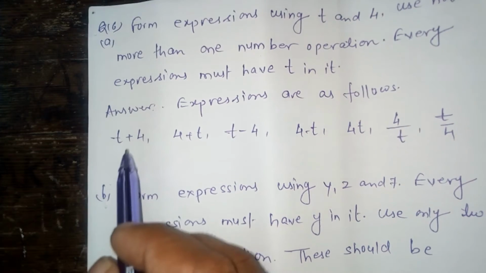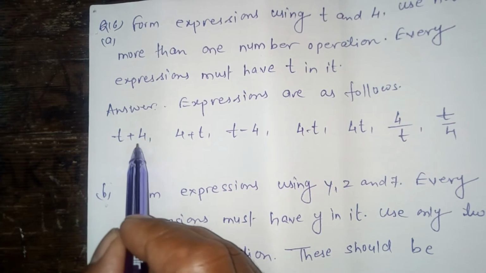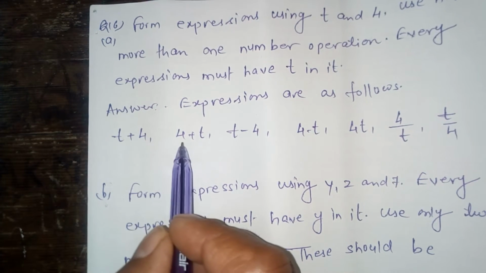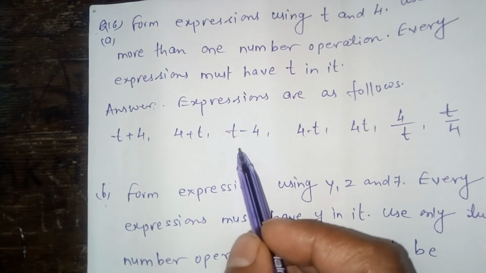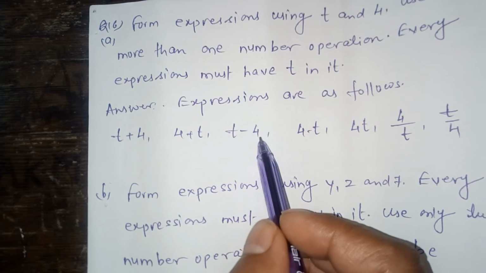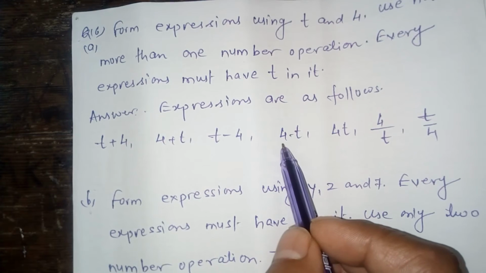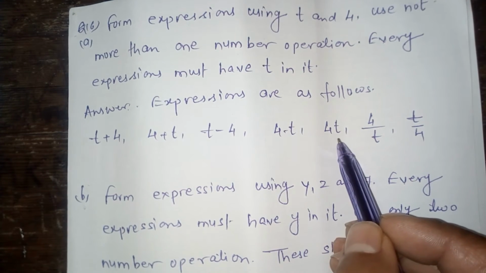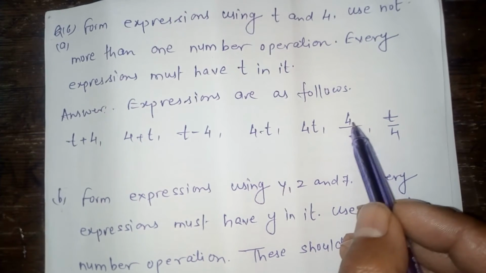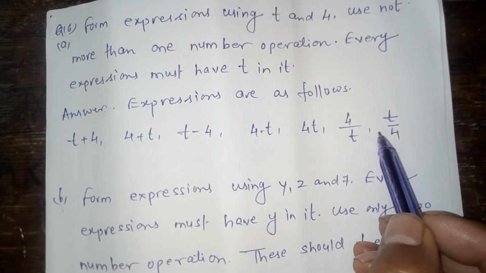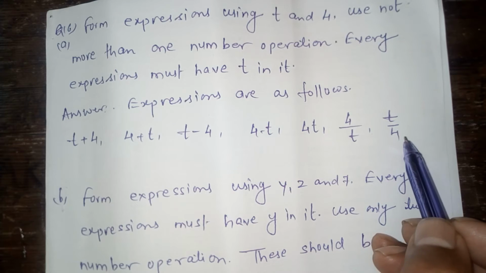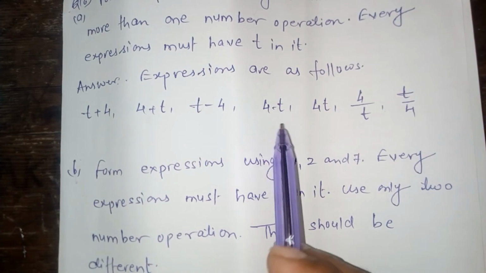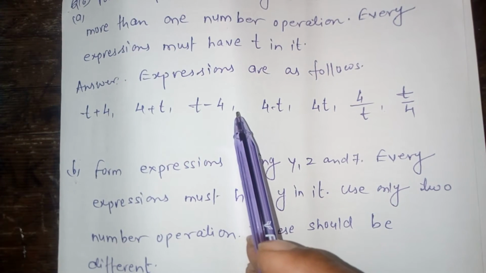How? Look here. Your first expression is t plus 4, second is 4 plus t, third is t minus 4, fourth is 4 minus t, fifth is 4t, sixth is 4 upon t, seventh is t upon 4. So this is the answer of question number 6a.